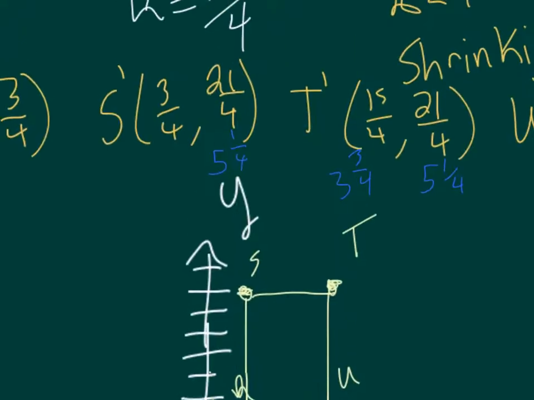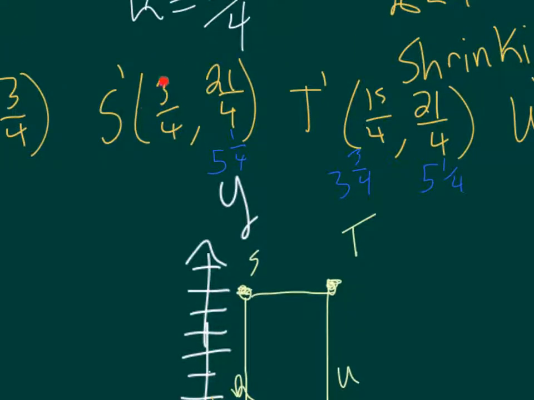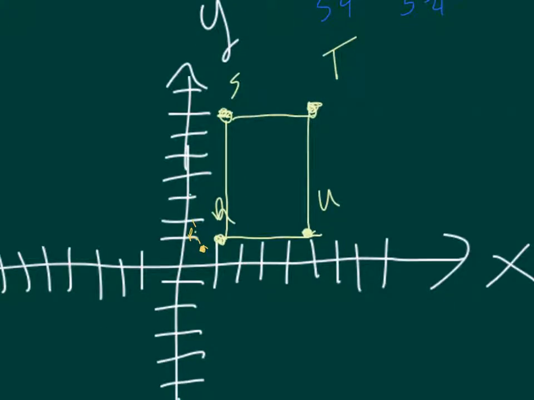Now let's graph 3/4, comma 5 and 1/4. So 3/4 over and then up 5. 1, 2, 3, 4, 5, and then 1/4 is probably right about there. I'm just going to guesstimate. Okay, so that's S prime.